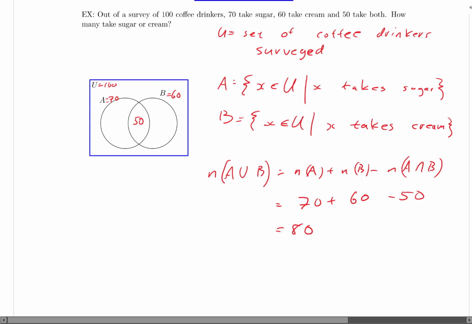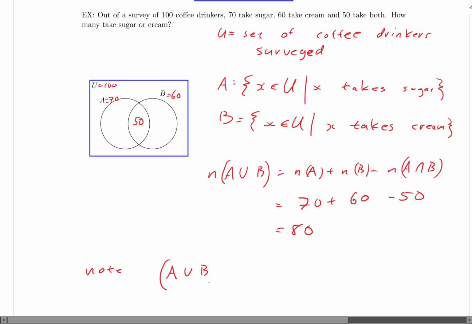And let's do a quick aside. If I look at A union B and take the complement, what am I talking about? Well, keep in mind the complement would be everything outside of here. So that would be the people who take neither cream nor sugar.